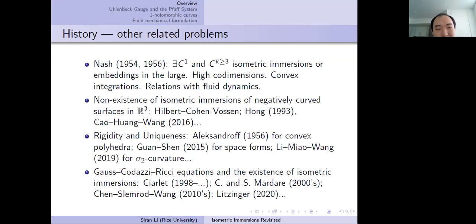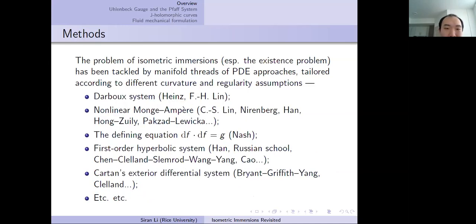So I briefly summarized the history of this problem and several related aspects. The methods are also manifold. There are multiple approaches to this problem, and historically, each person looks at this problem from different aspects, and they give rise to different results by using different tools.